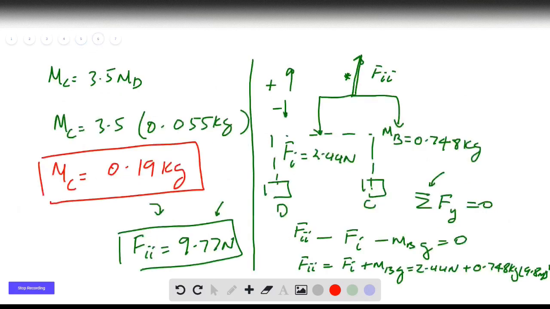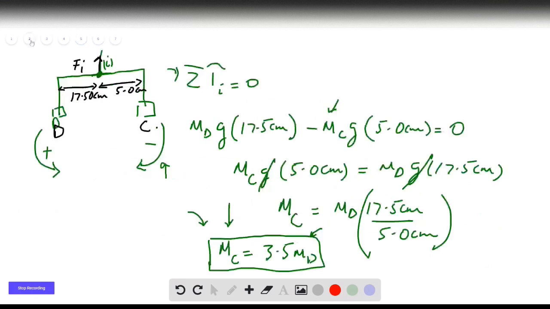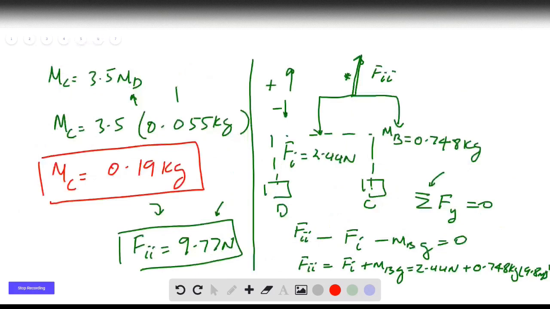And so the next thing, since now we know the mass of D from this previous slide, we can use the equation that we picked up at the beginning for mass of C to solve for the mass of C. So we plug in 0.055 as the mass of D, and we're able to solve for the mass of C. And then finally, using the sum of forces in the y direction, we're able to determine the force holding F1 and the mass of B together, and that force is equivalent to 9.77 newtons.